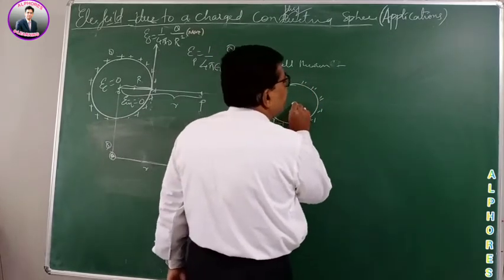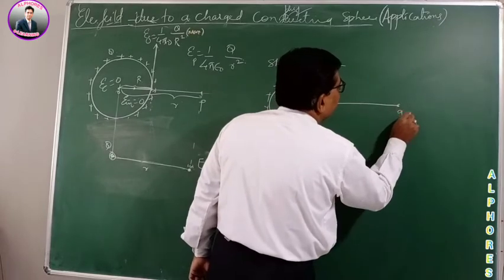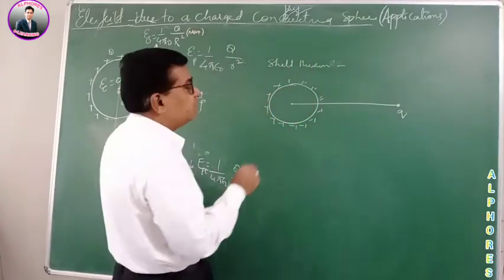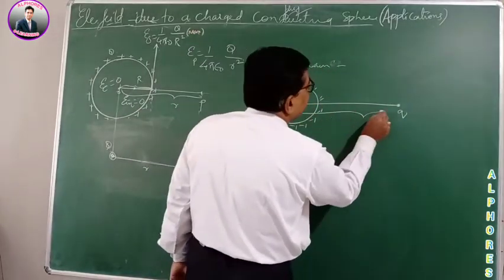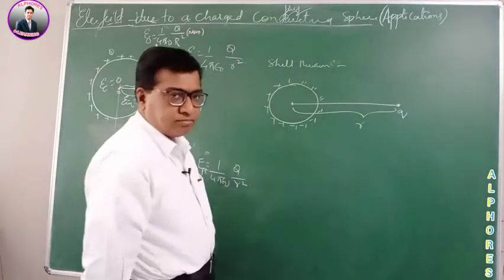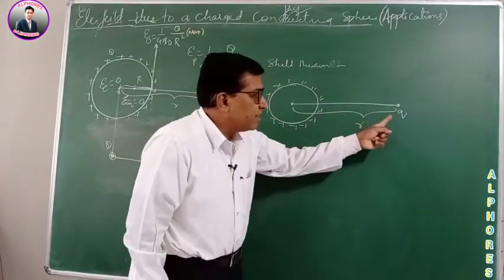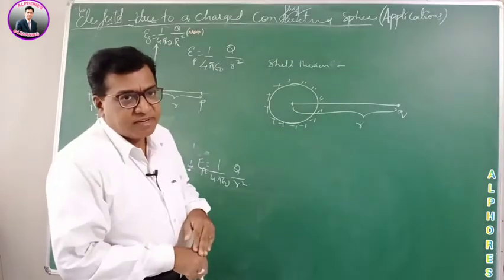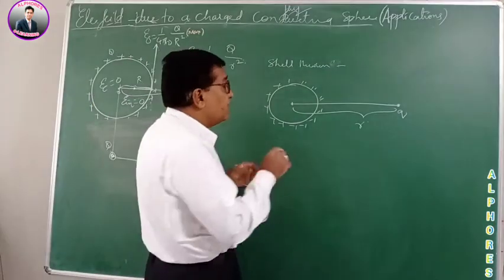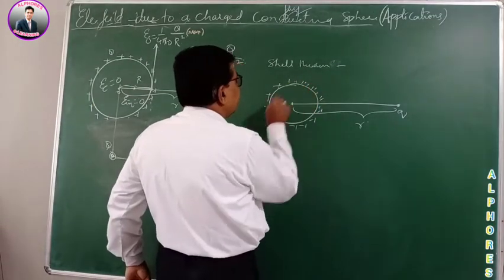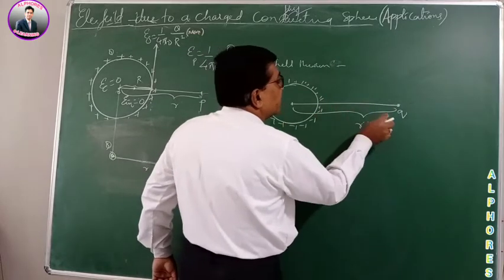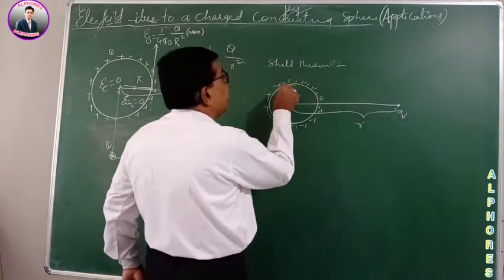Now imagine another charge small q at an outside point. Let the distance from here to here be small r. Then the force of attraction between these two, right? The condition is that the distance is so far that there is no charge being induced.